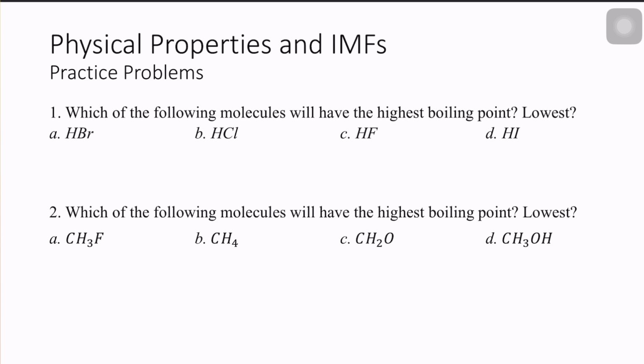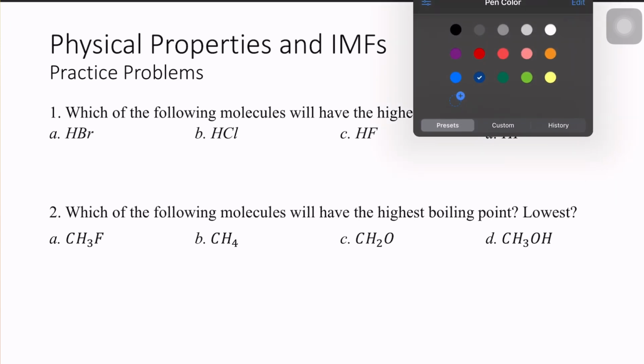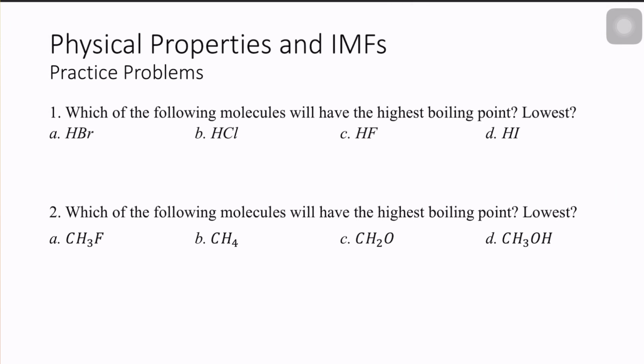Which of the following molecules will have the highest boiling point and the lowest? So I can look at the IMFs first. What I notice is that all of these contain hydrogen, but only one of them contains fluorine. So that fluorine is going to cause hydrogen bonding, which is the strongest IMF.